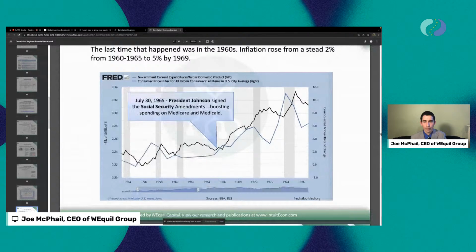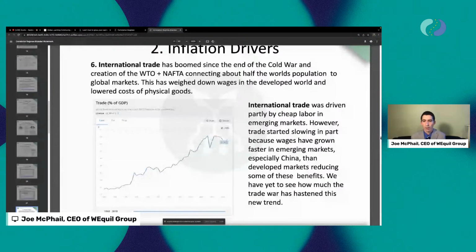International trade. Okay, so you've generally seen a rise in international trade for many reasons. It was really accelerated by the WTO, NAFTA, and the emergence of China. China was huge because it was increasingly putting the United States labor market in competition with China.